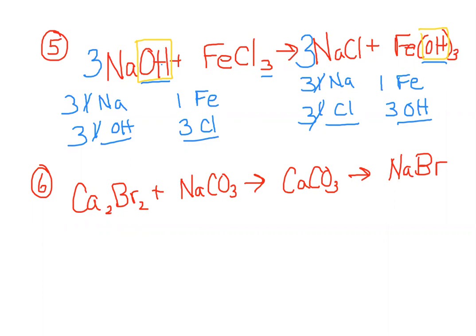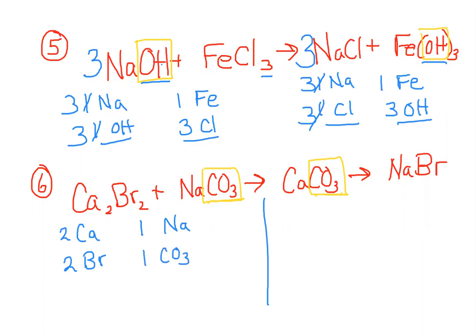Okay, so if we want, we can think of this CO3 as one thing because it stays together on both sides. So on the first side, we have 2 calcium, 2 bromine, 1 sodium, and 1 CO3. Over here, 1 calcium, 1 CO3, 1 sodium, and 1 bromine.